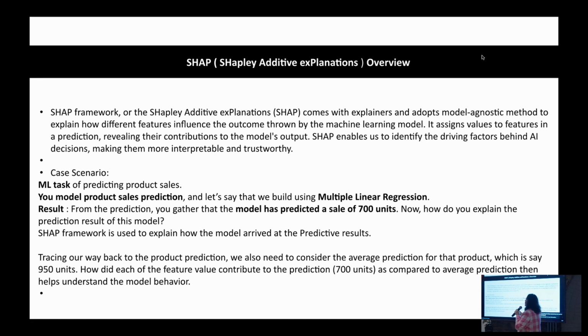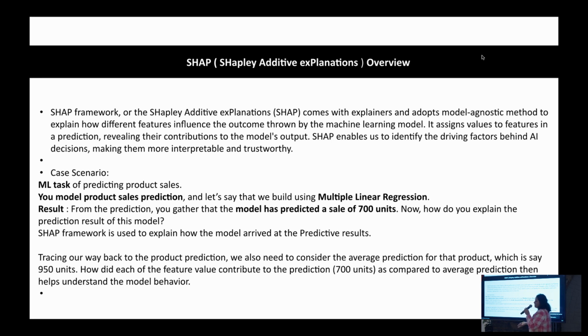Let us take a very basic scenario. Say you have an ML task of predicting your sales, right? And you're just applying a simple multiple linear regression model. I'm not even talking about any deep learning model or any CNN, just a simple model. And the result that you got from the prediction was that there would be a sale of like 700 units, right?